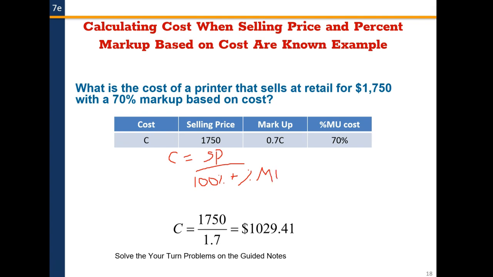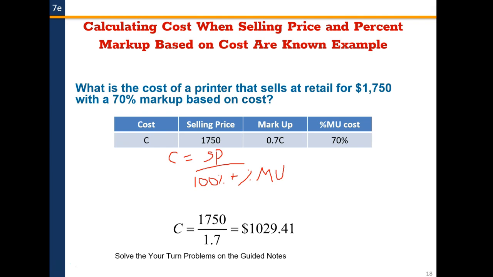I'm sorry, that's a little sloppy. But that's how we get the 1.7, so it's 100% plus the 70%, which is 170%, changed to a decimal is 1.7. So we get a cost of $1,029.41.